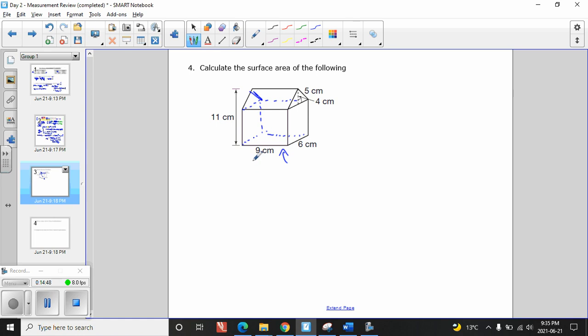So there are pairs of sides or faces of this figure that are the same. There is the front, or at least to us the front, and a matching side on the back. There is a right and a matching side on the left. There is a roof and a matching side behind it.